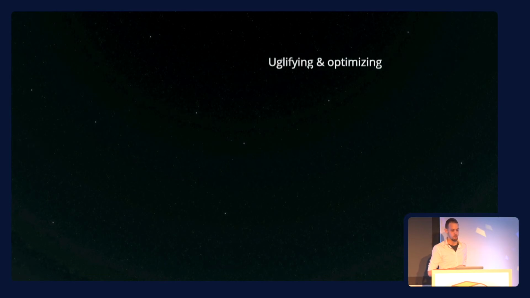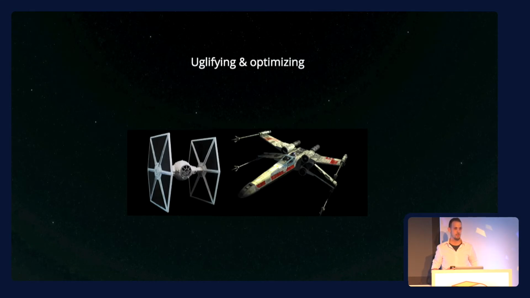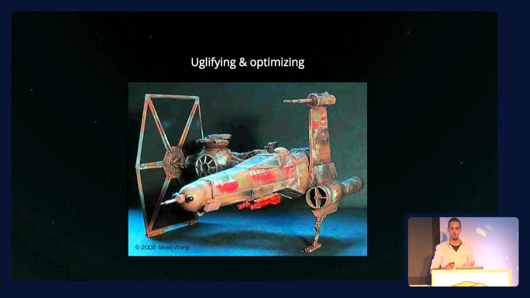It also allows you to do uglifying and optimizing. What is uglifying and optimizing? It takes your beautifully handcrafted JavaScript code that is just a joy to look at and turns it into a mangled, horrible thing that humans can't read, but your browser can read just fine, and it's less bandwidth, less data to move down the wire.